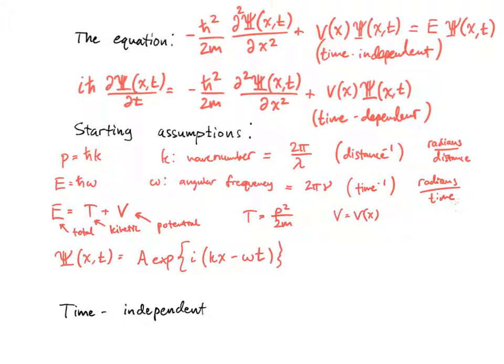We're going to assume that that is the form that the wave function takes. And so you can imagine that we can split up this imaginary exponent into a sine and cosine. So it's just, in a sense, assuming that the wave function itself is shaped like a sine curve.